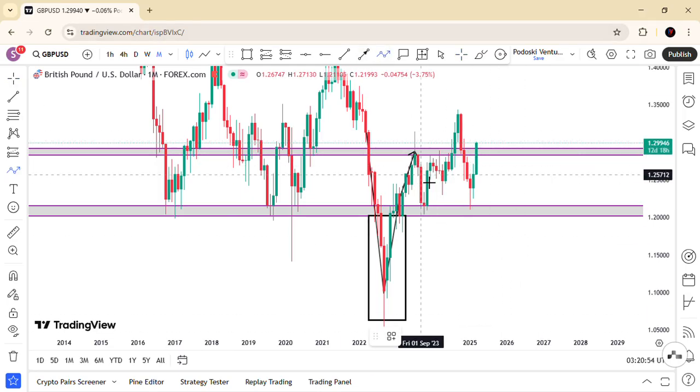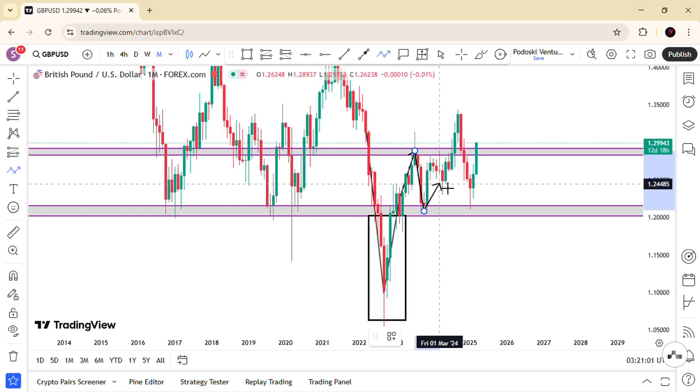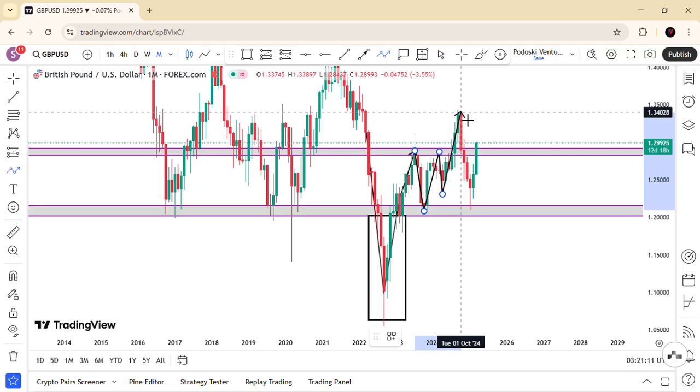So over here you see, after touching the monthly midway zone, price saw selling pressure and dropped all the way to the monthly low, then back to the monthly midway zone again and dropped a little, then saw buying pressure and broke above the monthly midway zone. So we thought price had been able to break above the previous higher high. What are we seeing?